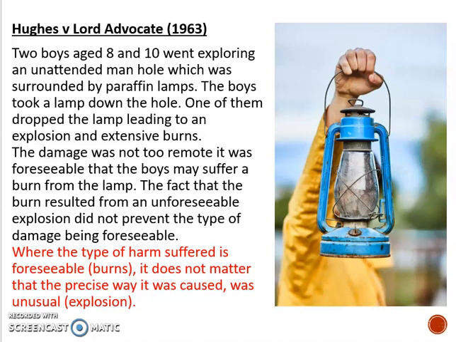But the court disagreed, and they said that the type of harm suffered was foreseeable, burns. So it didn't matter that the precise way it occurred was slightly unusual, i.e. an explosion, rather than just a burn from, say, touching the lamp itself. So that case again was held to be reasonably foreseeable.